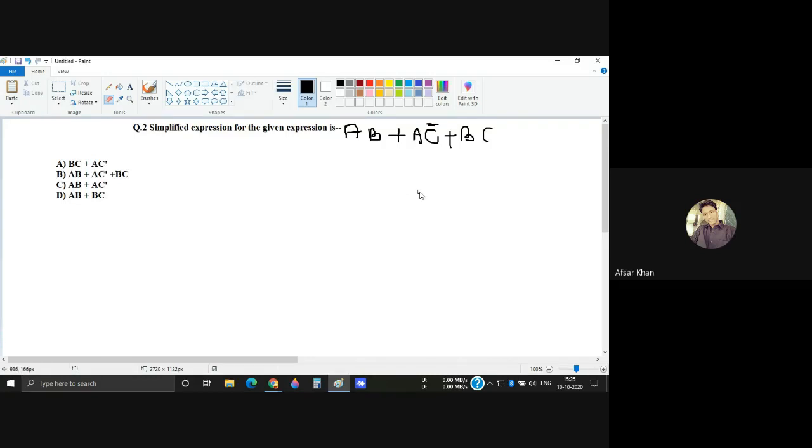Okay, can you try this, students? Anybody got the answer? Write quickly, solve quickly. How can you solve this?